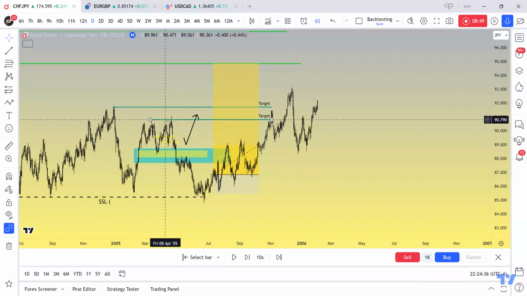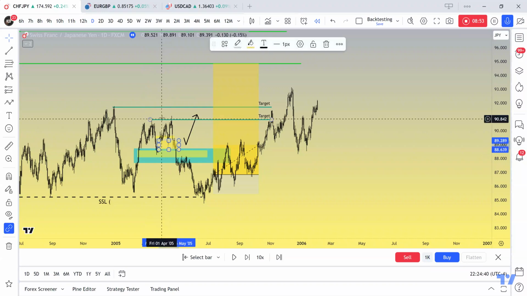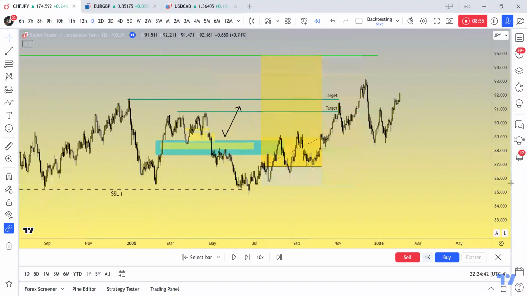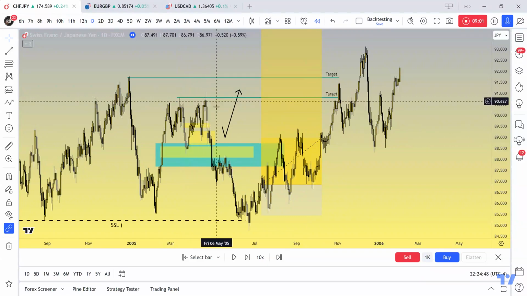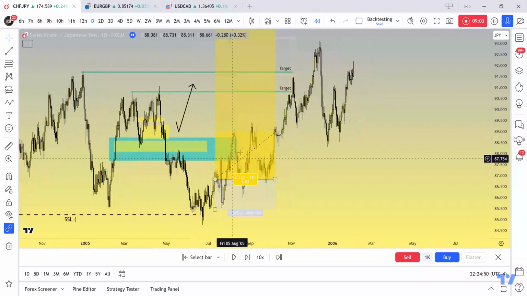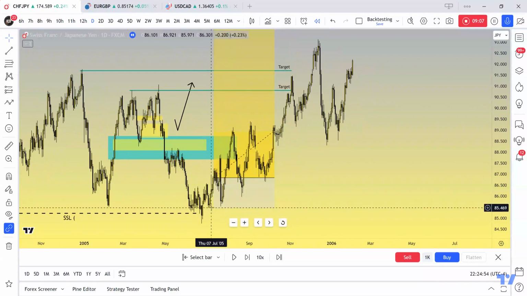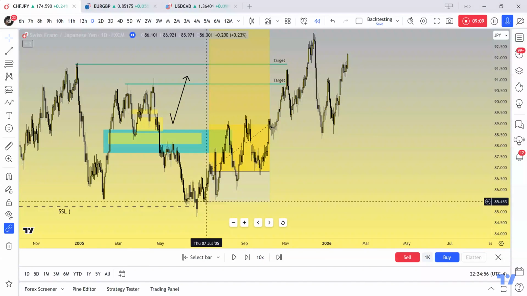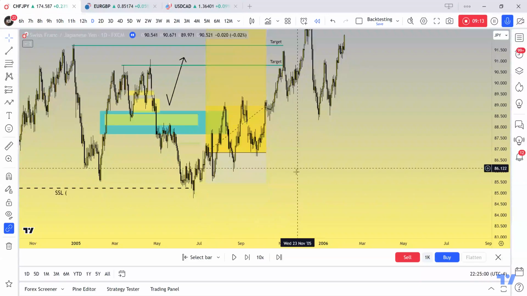Let me see what happened. It came down one more time before hitting the first target. That's why we got stopped out. Okay, so this one almost stopped us out, but this level should hold if we were going up.